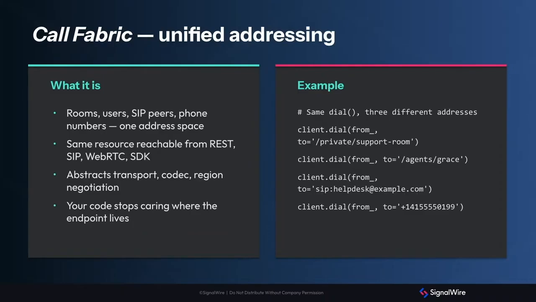Call Fabric, as I mentioned, I mention this because maybe it's a concept that is worth explaining in case it's in some parts of the documentation. It's just a way of abstracting the resources. So as a developer, you don't need to worry whether something is a SIP endpoint or a WebRTC endpoint or, say, an AI agent or even a script.